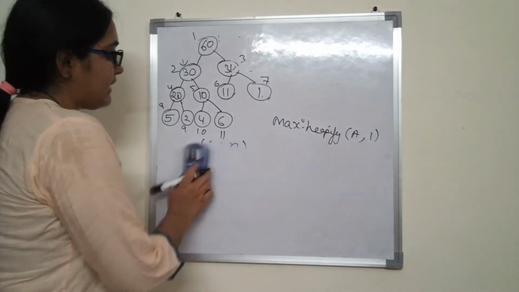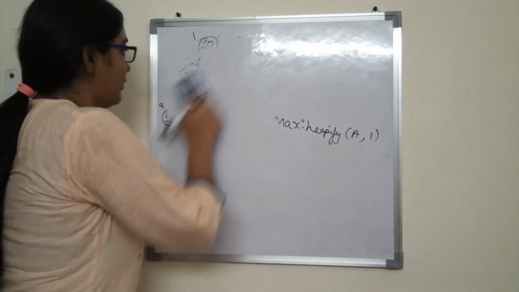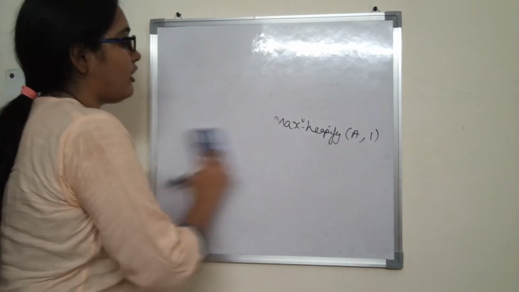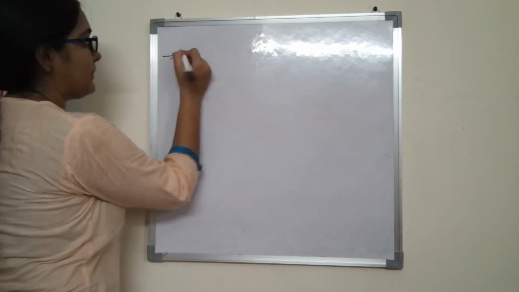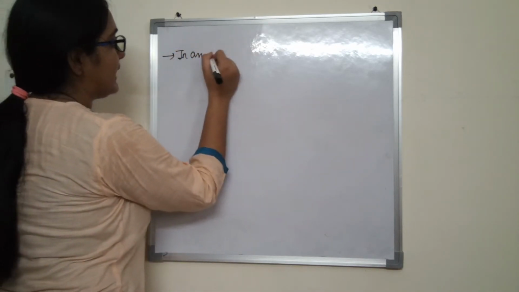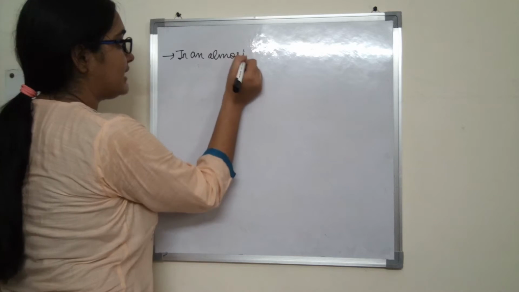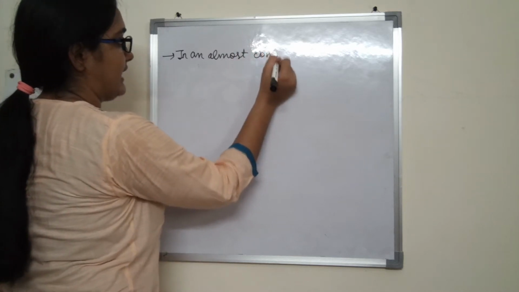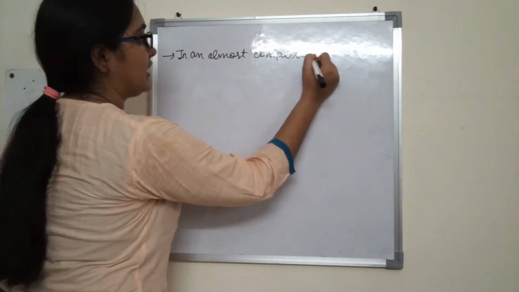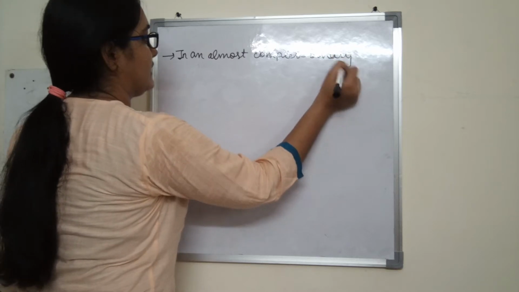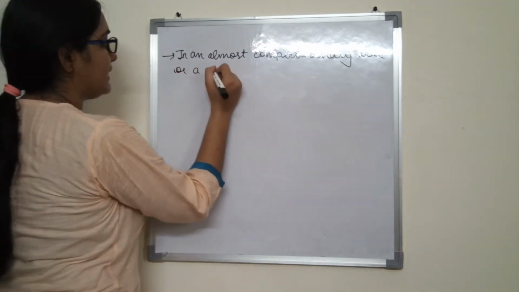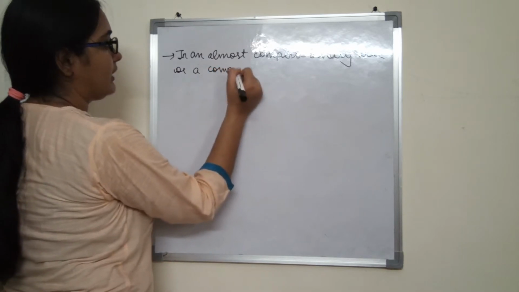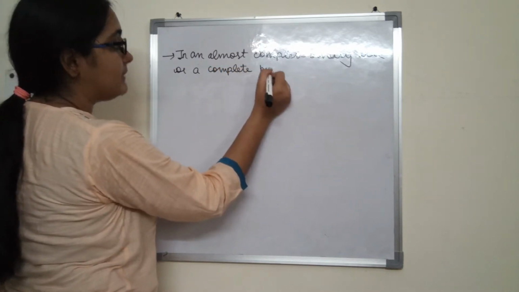Now I have to discuss one important property of heaps, or an almost complete binary tree. In an almost complete binary tree or a complete binary tree, what is an almost complete binary tree or a complete binary tree?